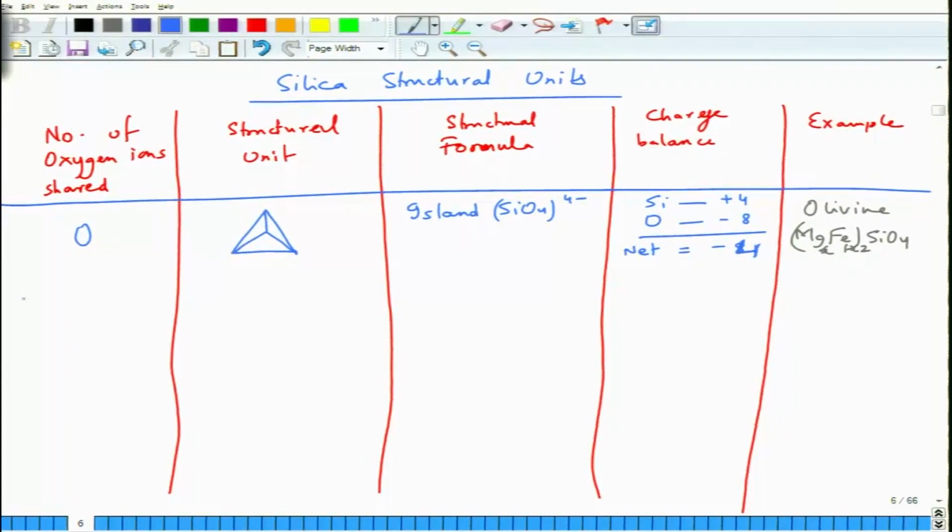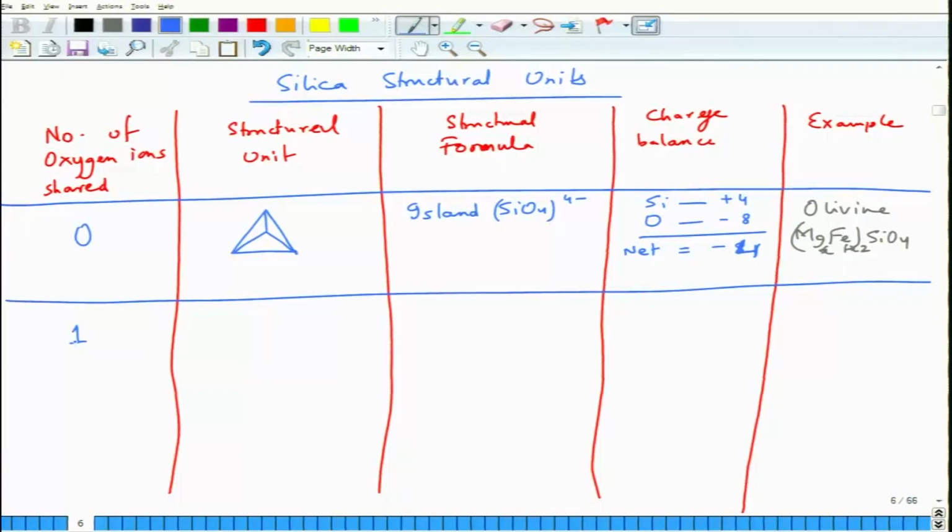The second structure in this category would be when the number of shared oxygen atoms is equal to 1, and in this case you have first polyhedra like that, second polyhedra like that, like this, all right.